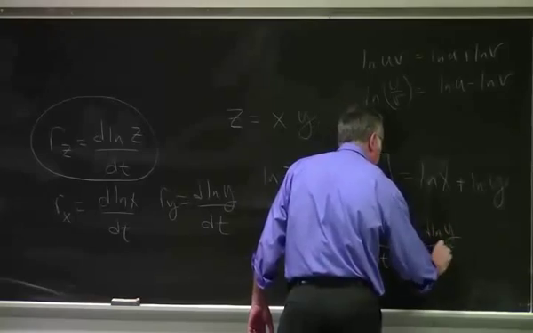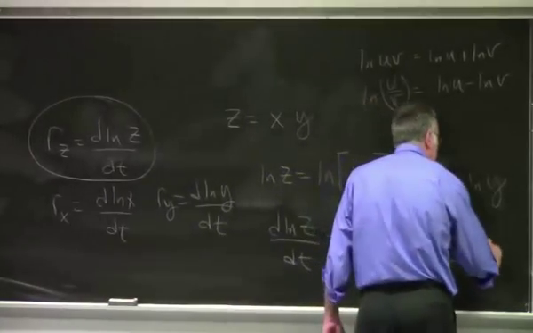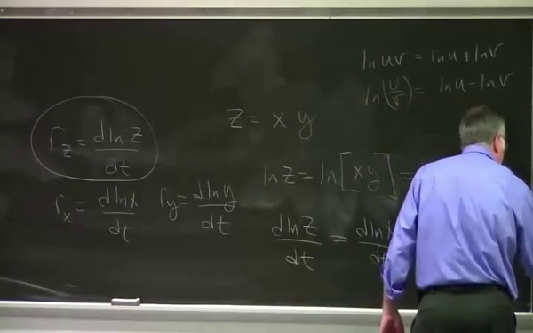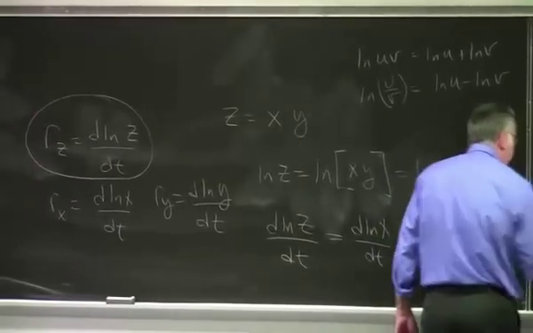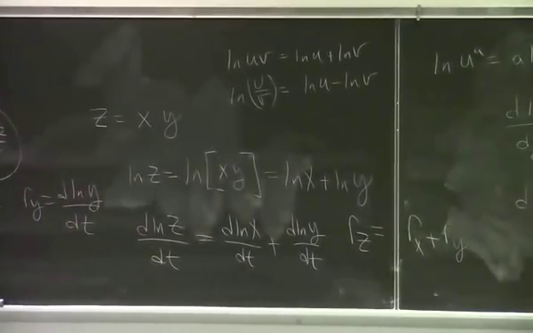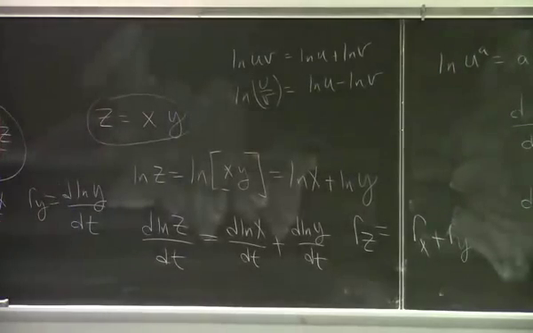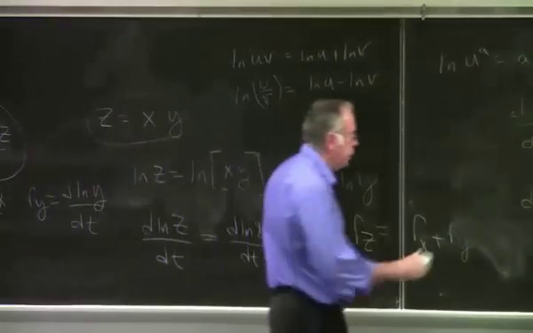Or in other words, the growth rate in variable z is equal to the growth rate in variable x plus the growth rate of variable y. Okay. So anytime you have an expression like this, the growth rate in z is just going to be the growth rate in x plus the growth rate in y. Let me give you an illustration. Suppose we're looking at the growth rate of total revenue.